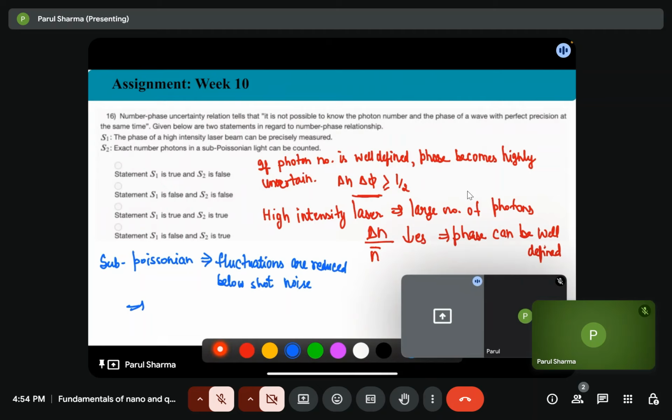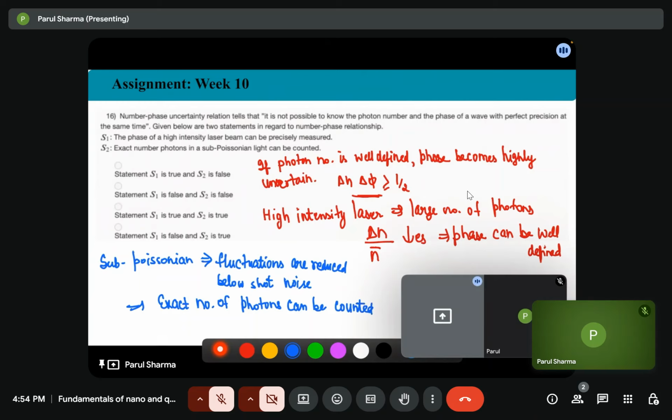If fluctuations are below the shot noise, the exact number of photons can be counted.